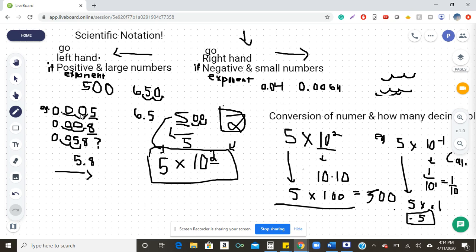So on 0.005, you are going to move again. This is a small number, so you are going to move right.